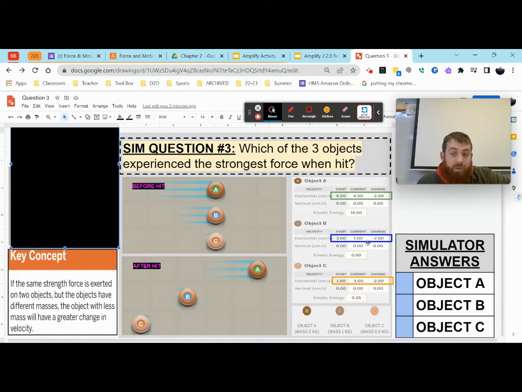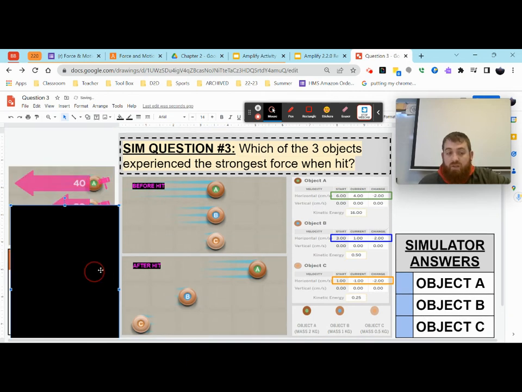Object B might need a little bit more force because it's a little heavier, but object A is going to need the strongest force if it's going to have the same velocity change. This is like changing the velocity of a golf ball, a bouncy ball, and a ping pong ball. They're all slightly heavier or lighter than the others, but if we change the velocity the same, the heavier object needs a stronger force.